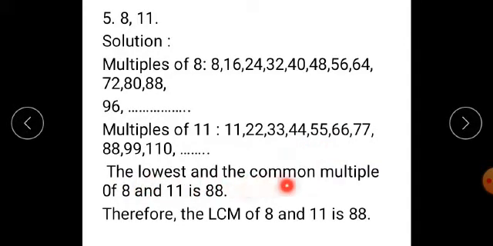The lowest common multiple of 8 and 11 is 88. If you want to find out more common multiples, you have to continue writing the multiples, but the least of the common multiples is 88, and therefore we can say that the LCM of 8 and 11 is 88.